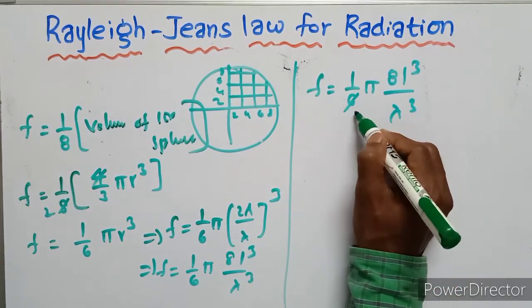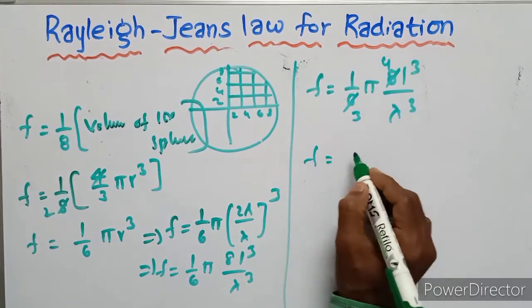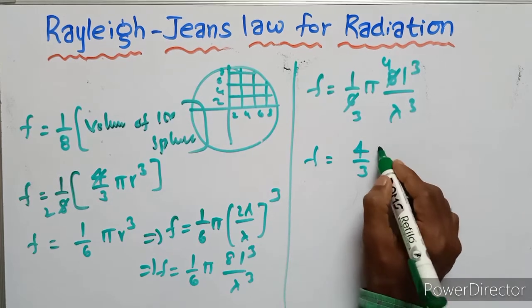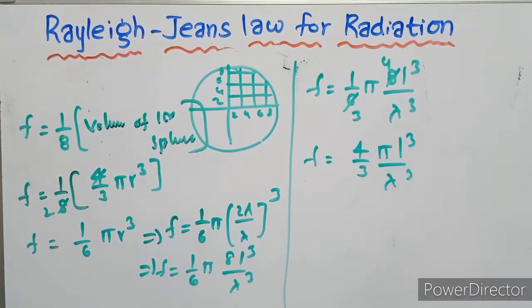So 2 and 3 times, 4 times cancel, F equals 4 upon 3 pi l cube upon lambda cube.